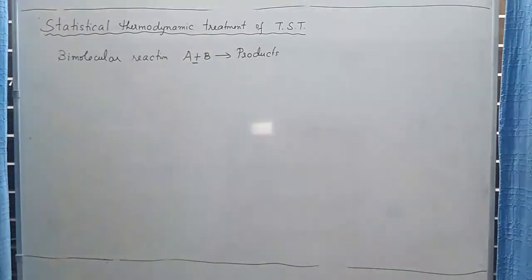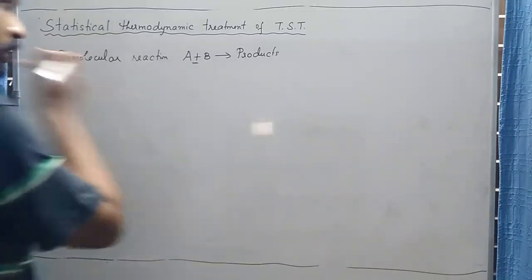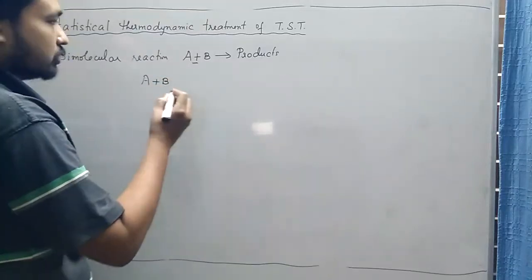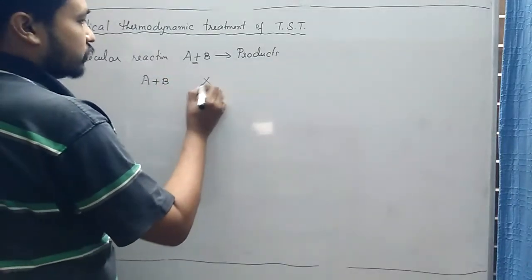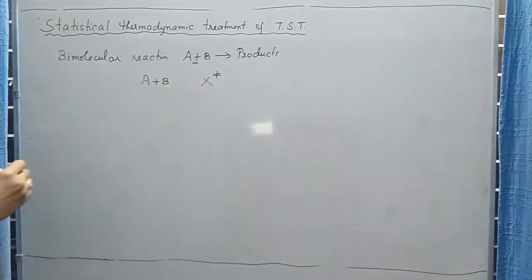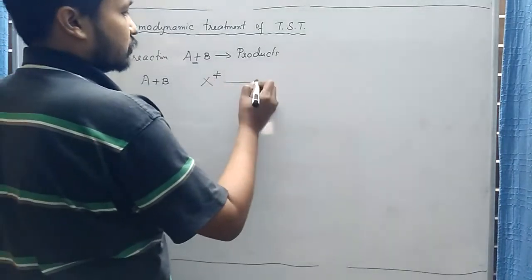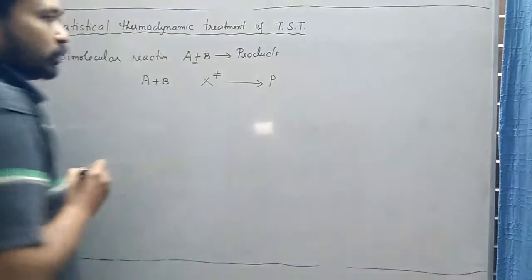Any reactant molecule, before forming product, has to pass through a state called the transition state, where a complex called the activated complex is formed. So these reactants first form an activated complex, represented by the symbol X double dagger, and this activated complex passes on to form the final product.